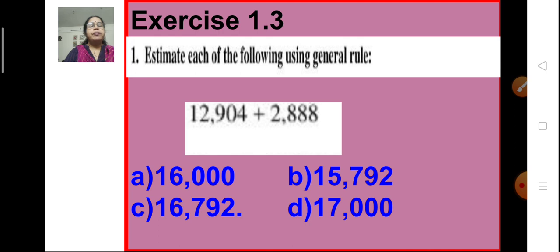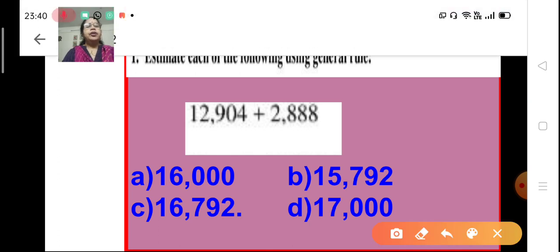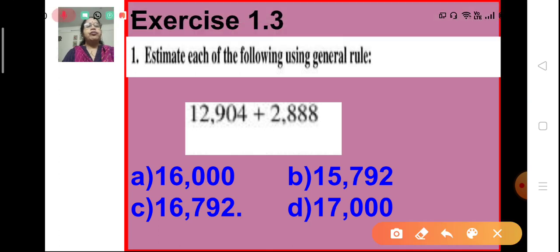So how do we solve them? The number 12,904 can be written as 13,000, isn't it? Because here we round off at the thousands place, and the digit to the right is 9. So it can be written as 13,000.